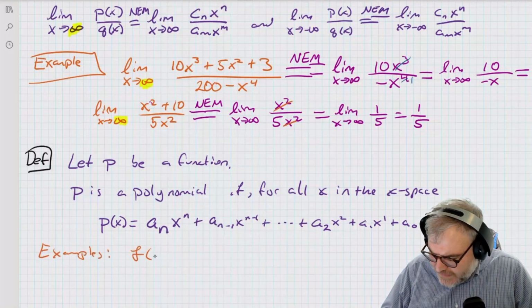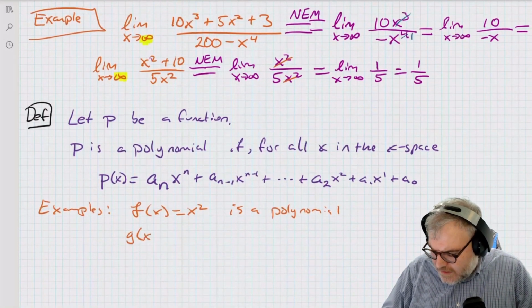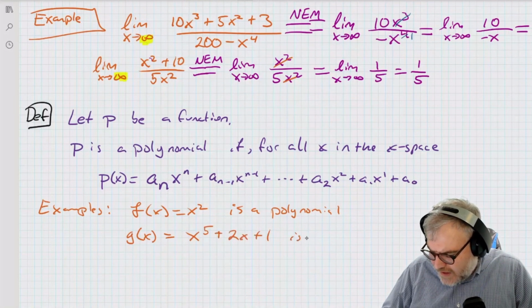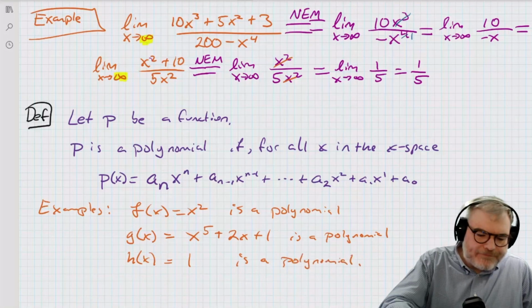Example. f of x equals x squared is a polynomial. g of x equals x to the fifth plus 2x plus 1 is a polynomial. h of x equals 1 is a polynomial. How do we feel about that?